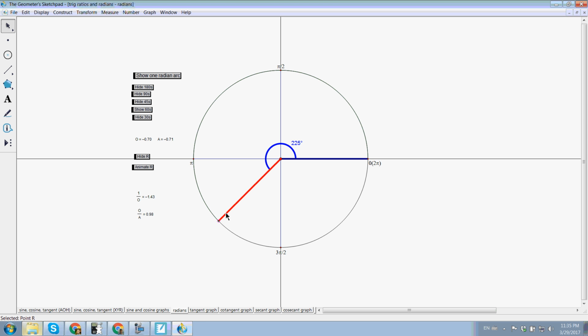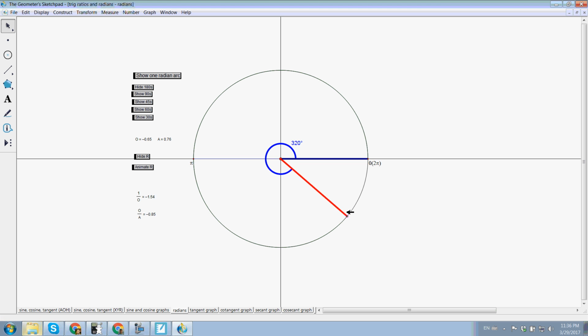Pi plus pi fourths will be 5 pi fourths. And then pi fourths less than 2 pi will be pi fourths less than 8 pi fourths, or 7 pi fourths. So we've got 1 pi fourth, 1, 2, 3, 4, 5, 6, 7 pi fourths, and then of course 8 pi fourths.